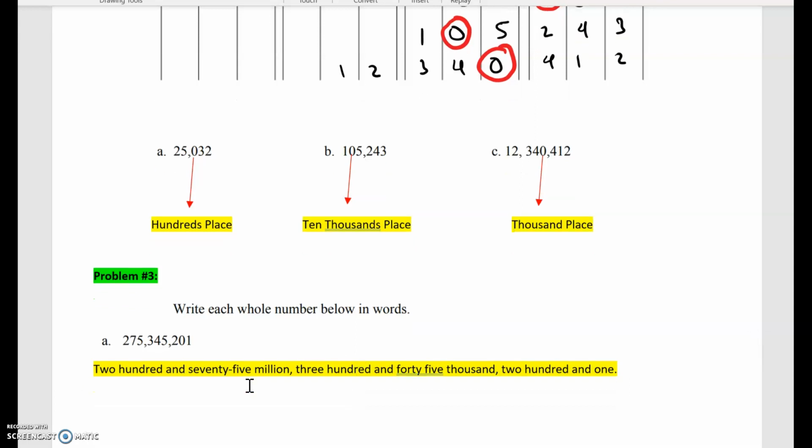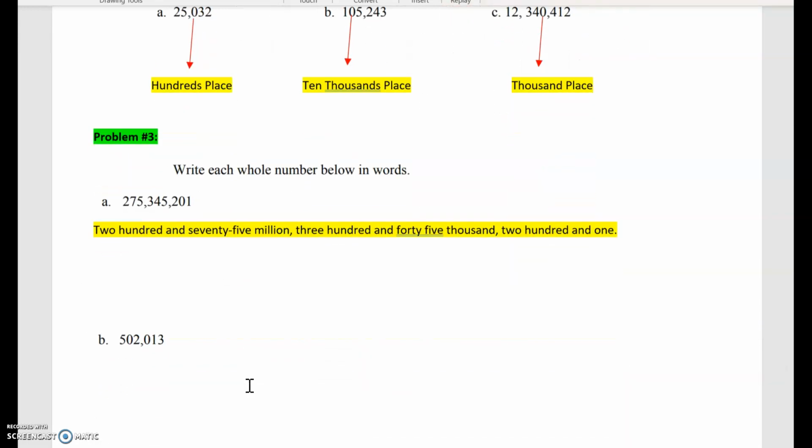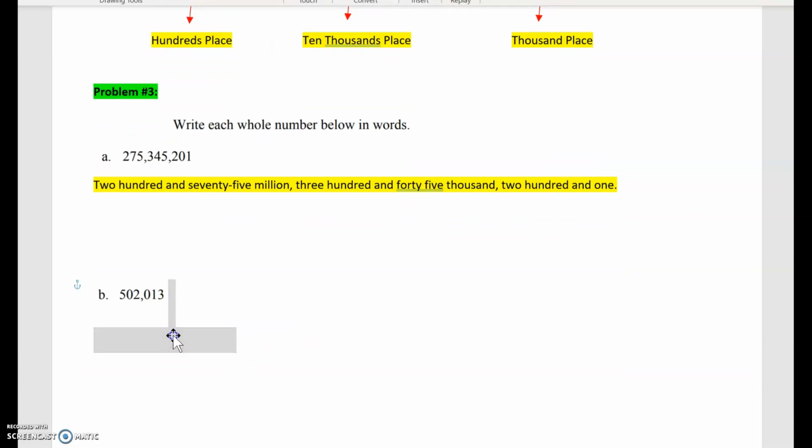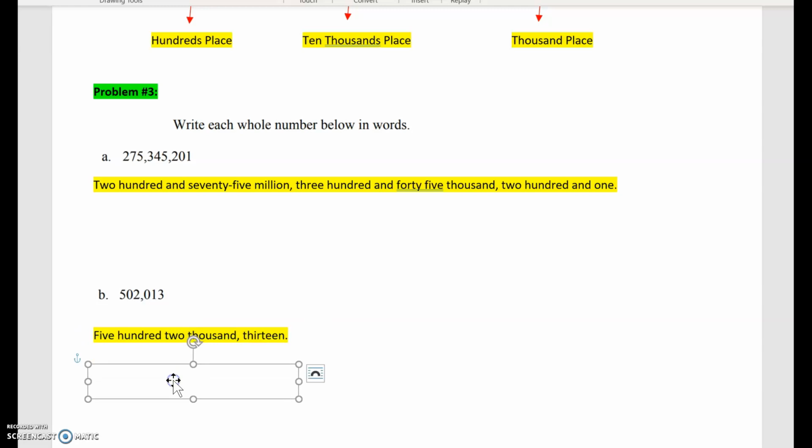That would be for this one. Let me unblock the second one. B, this is just the 502,000 and then 13. So that's the proper way of rewriting them.